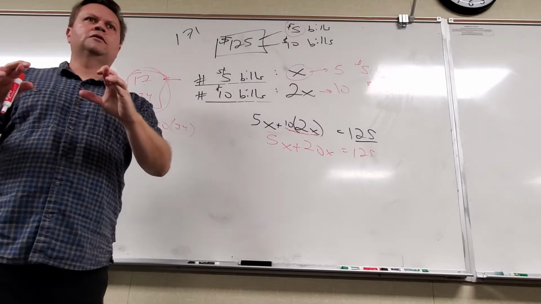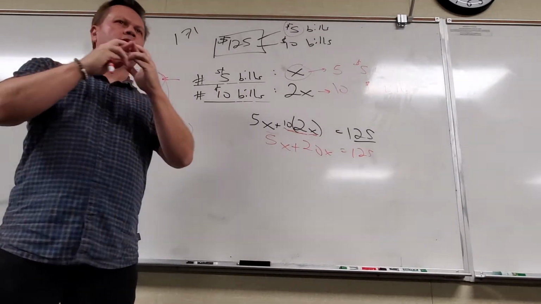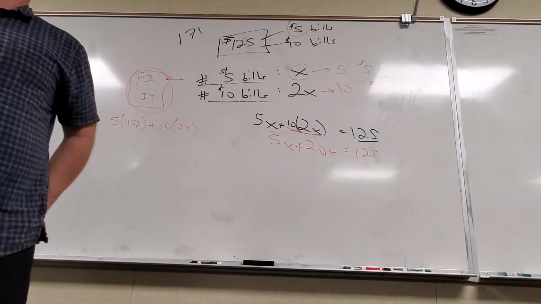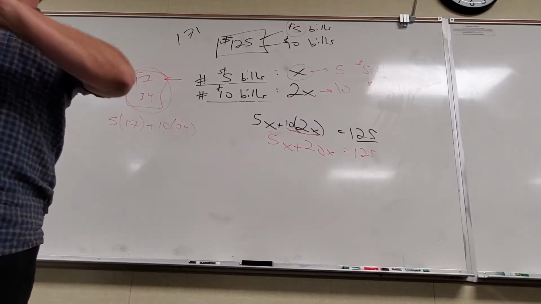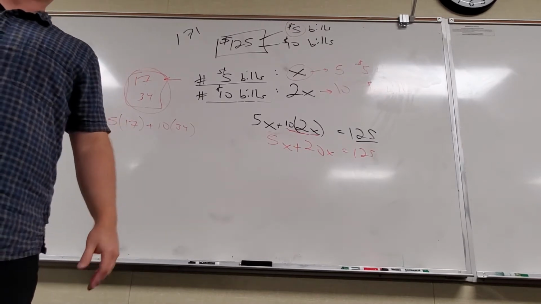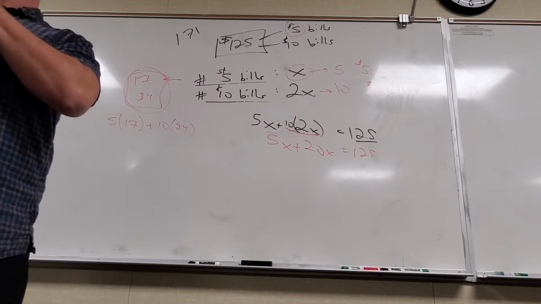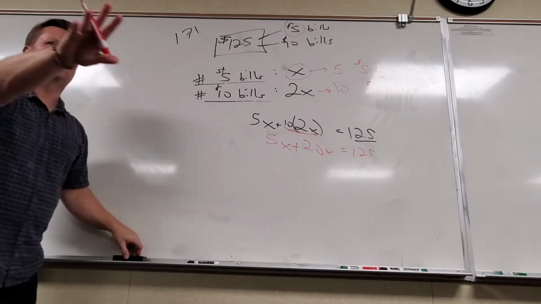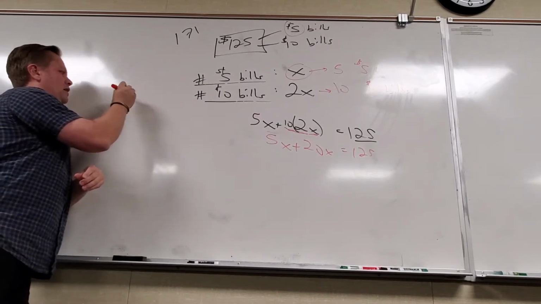Do you guys get what I just said? Do you guys understand why? What does 10 times 2x mean? Stay with me. Just what's 10 times something mean? Don't say 10 times 2. I love you guys. Hold on. What's the old way to do like 10 times 8?